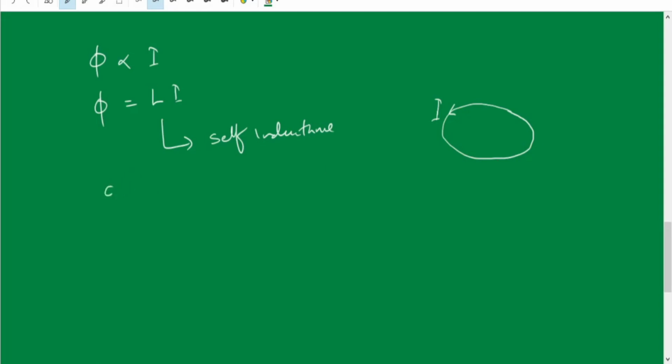That EMF is given by minus d phi divided by dt, which is equal to minus L di by dt. So an EMF is induced in a coil when the current through the same coil changes. This EMF is in such a direction that it opposes the change in current.